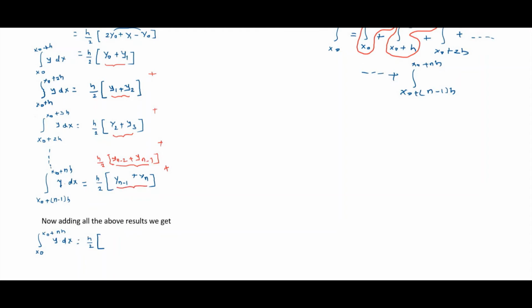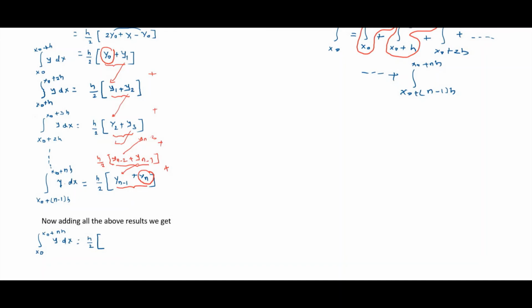If you see all the bracket terms, the first term y0 is non-repeated, as well as yn is also non-repeated. Except these two terms, the remaining terms are repeated. y1 is repeated 2 times, y2 is repeated 2 times, y3 is repeated 2 times. Similarly, this y(n minus 1) is also repeated 2 times.